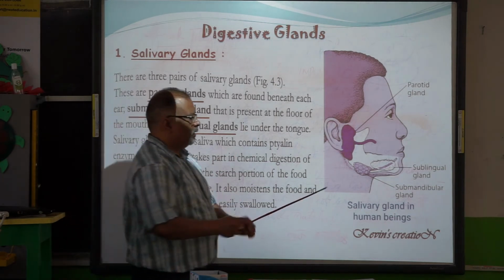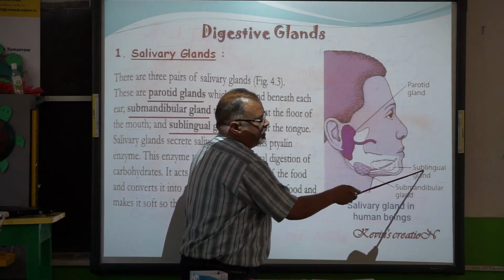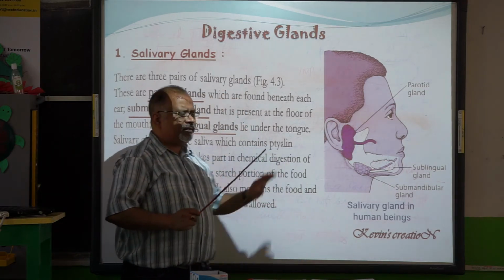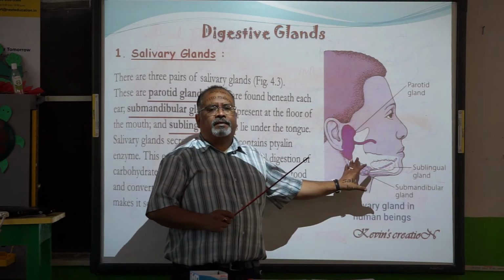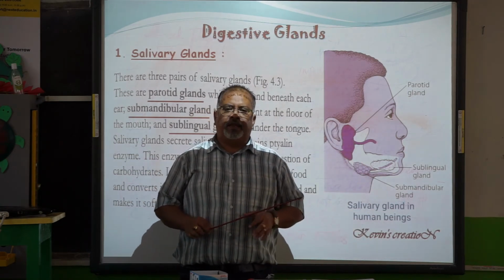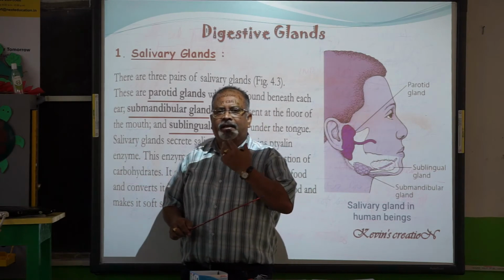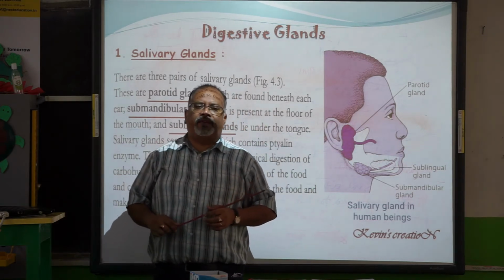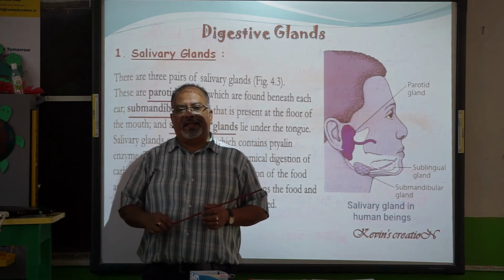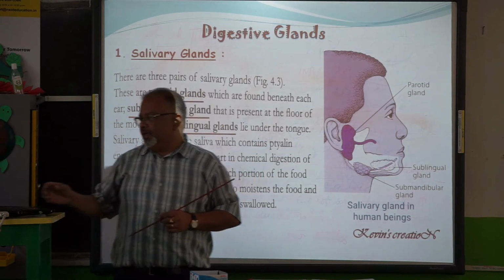Below your tongue, you will find this sublingual gland below the tongue. The function of this salivary gland is to produce saliva. Whenever we eat something, the food get mixed with this saliva. Saliva contains an enzyme which is called ptyalin. So that you should remember.